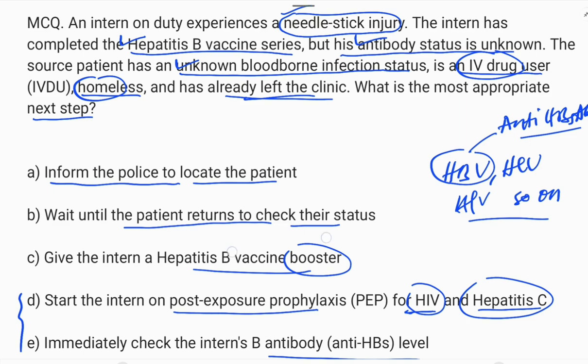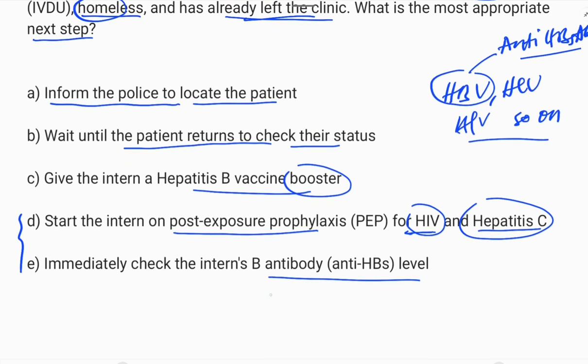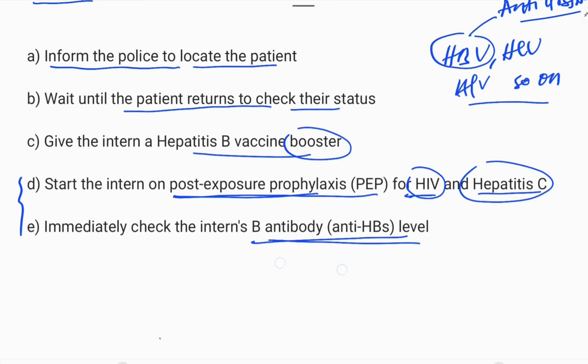We can do immediately an assessment of the serum level of B virus IgG, IgM, or total immunoglobulin level against hepatitis B. Or we can go for immediately post-exposure prophylaxis, PEP, for HIV and for hepatitis C virus.